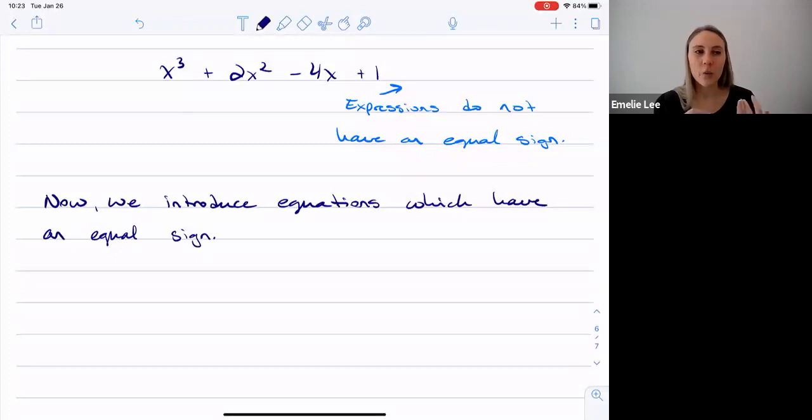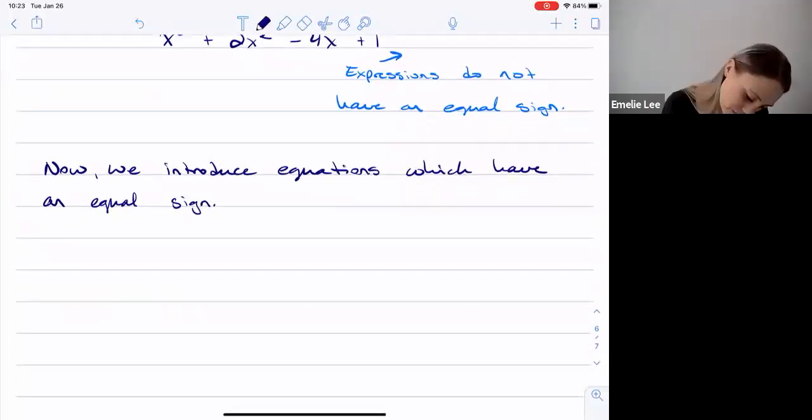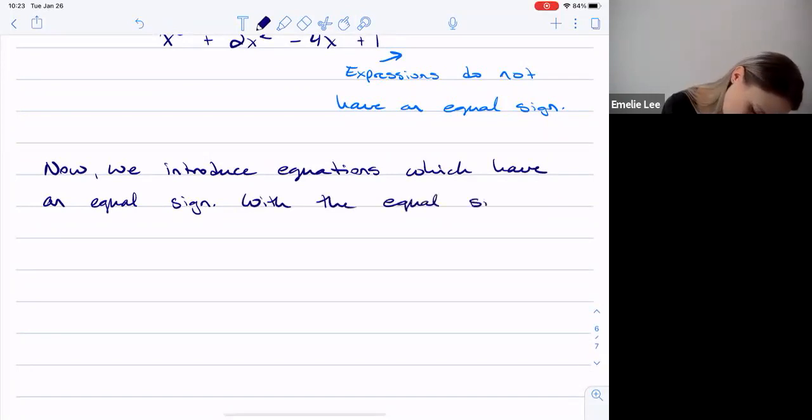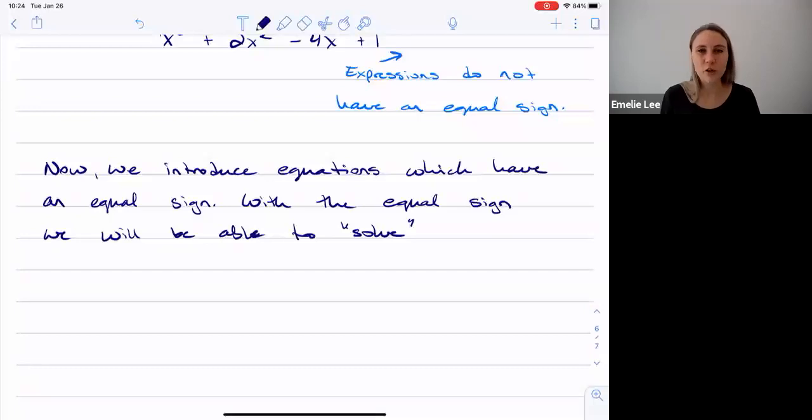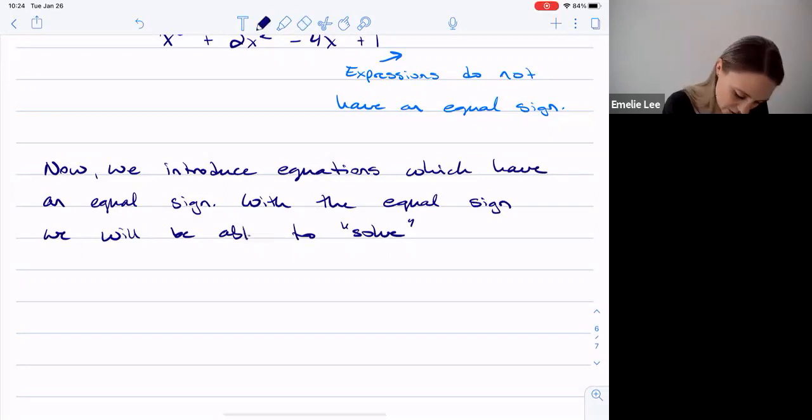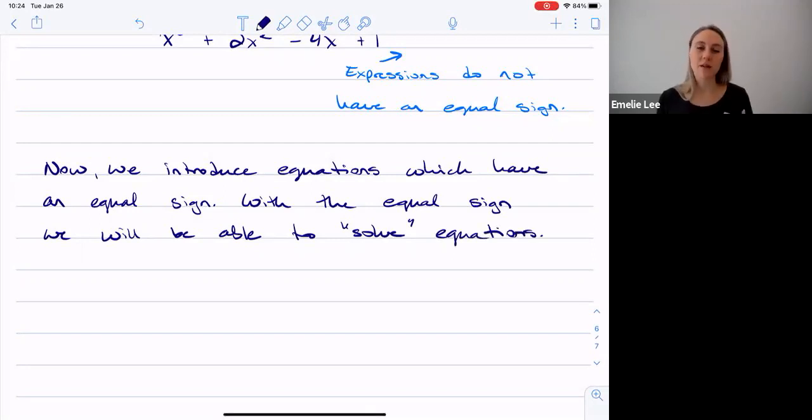With that equal sign, we're going to be able to solve for x. So we'll be able to solve equations. I know that's kind of cryptic for you right now, but solving just means solving for the variable.